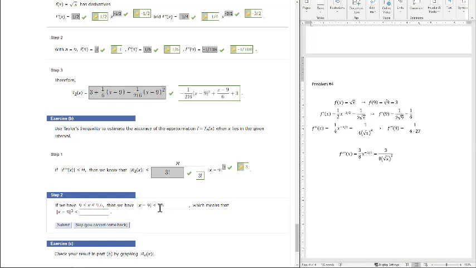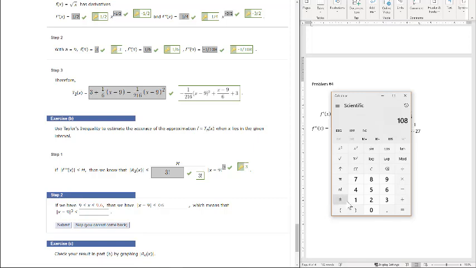Well, we need to subtract out 9, so let's just say 0.6. And then we take this to the third power on the calculator, so 0.6 cubed is 0.216.